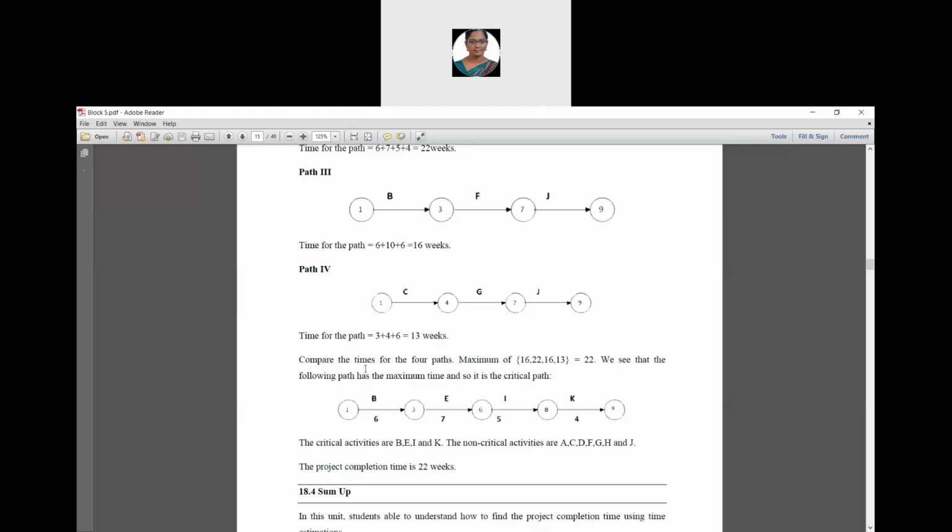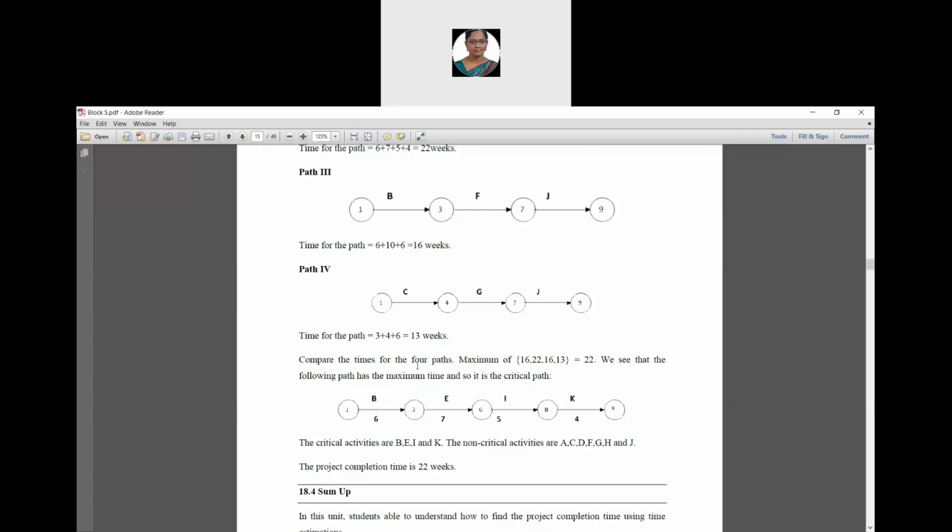Okay, so compare the time for the 4 paths. Why? Because now we are going to find the critical path and its time duration value. The definition of the critical path is the longest time duration value of a project.